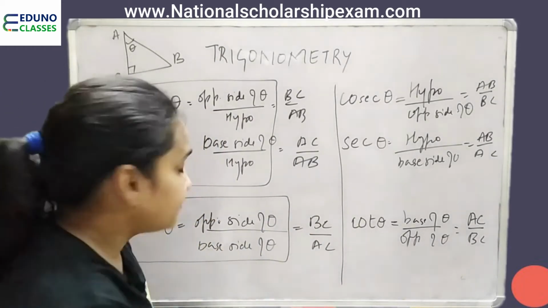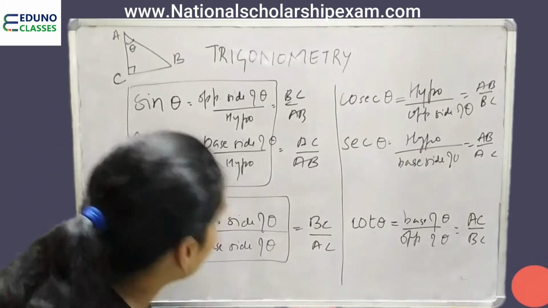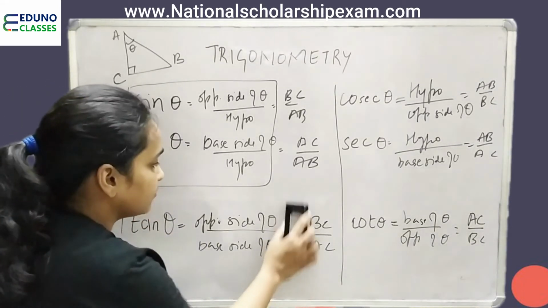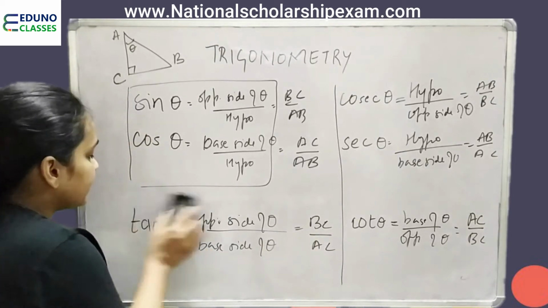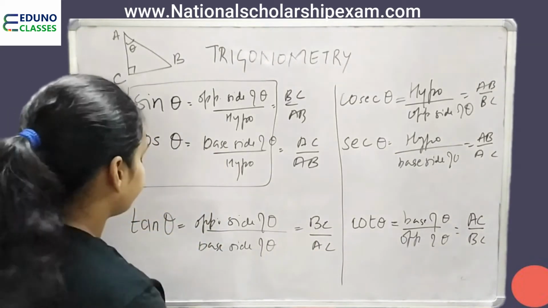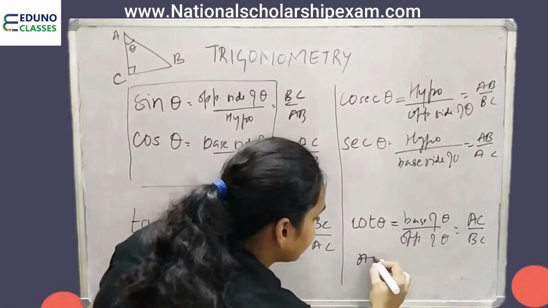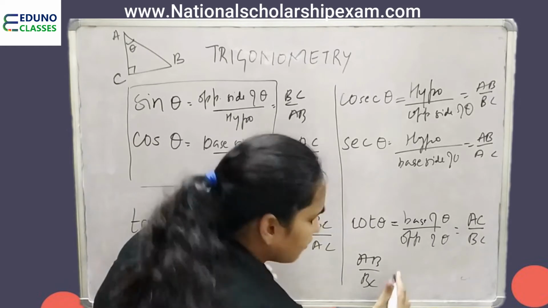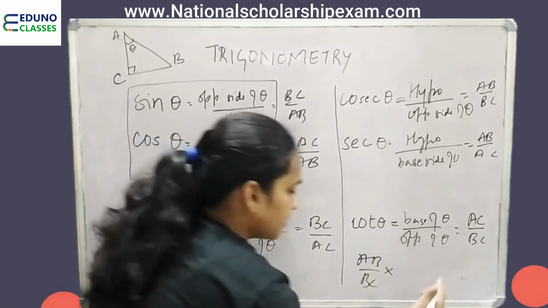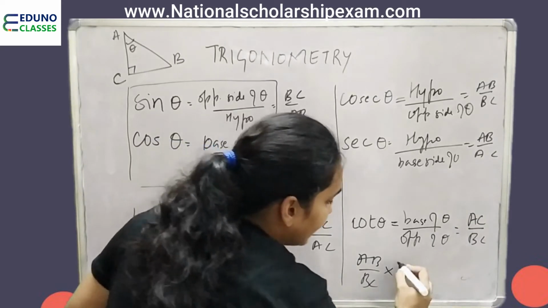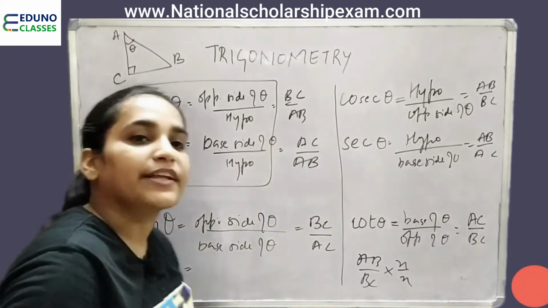Now my friends, let me tell you that tan theta can be found in terms of sin theta and cos theta. What if there is something like AB by BC, not necessarily from here, just AB or BC. If we multiply both the sides by x and x, there will be no difference.